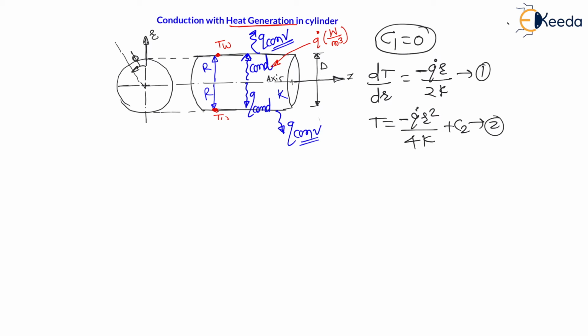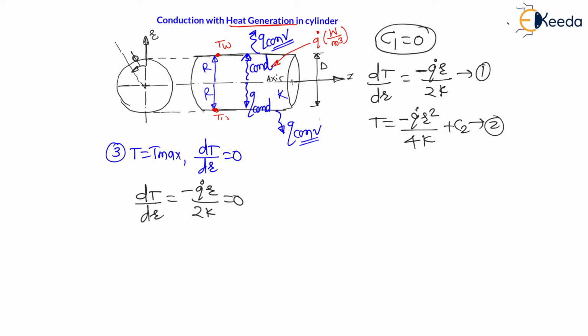Now, my dear students, again we have a third boundary condition. For the temperature to be maximum, the change in temperature with respect to radius must be equal to 0. So, put this third boundary condition in the first equation, right? Therefore, for the temperature to be maximum, dt by dr, which is equal to minus q dot R divided by 2k, must be equal to 0.